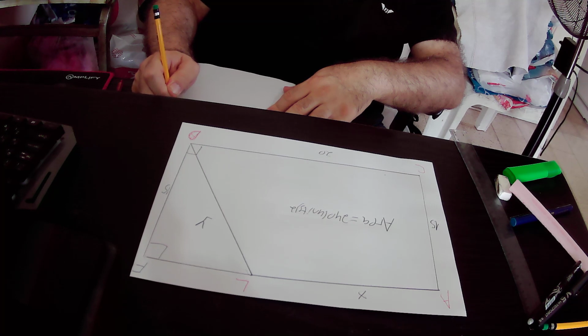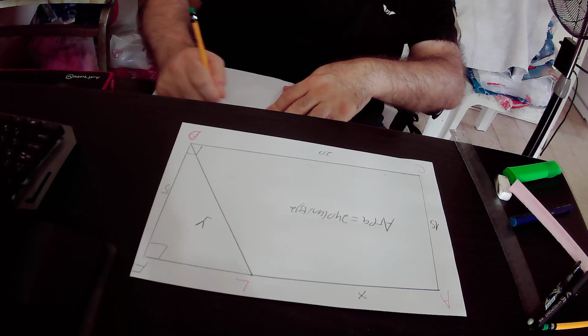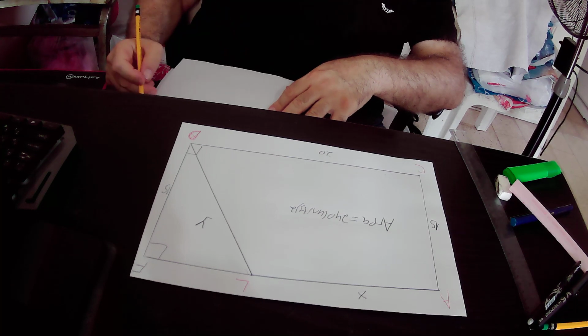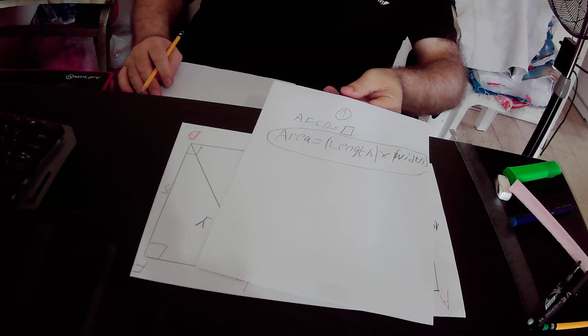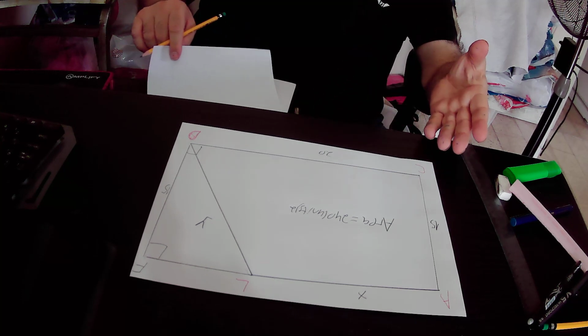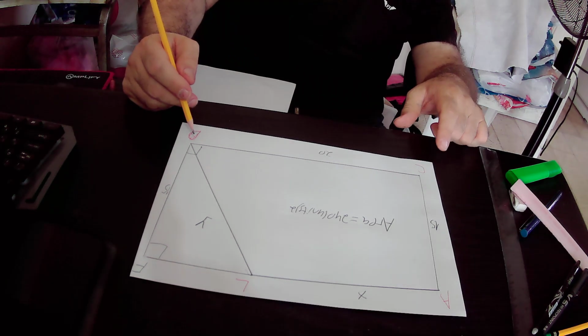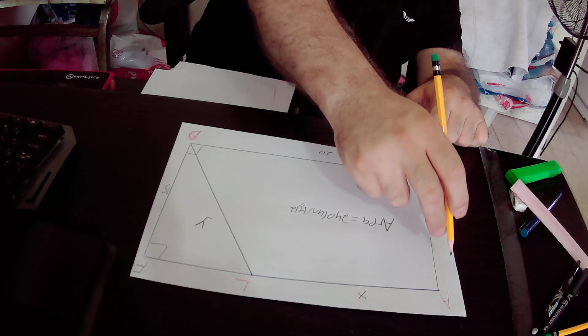The formula for the area of any rectangle equals the length of the rectangle times the width of the rectangle. So we can calculate the area of this rectangle because we know that the length of this rectangle is 20 units and the width is 15 units.